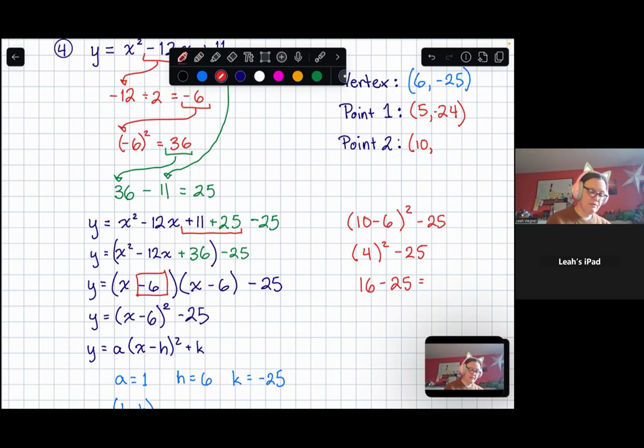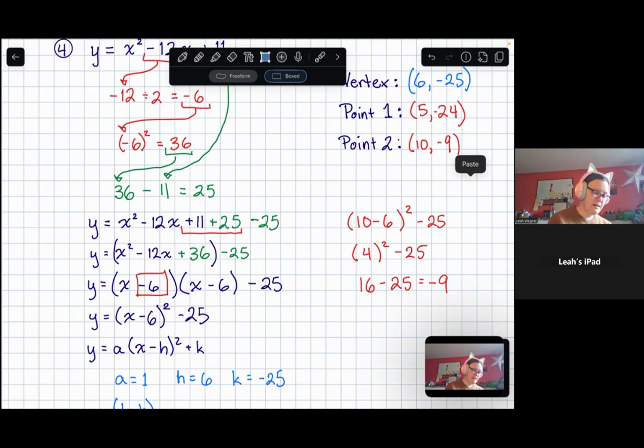It's going to be negative, well, 16, 17, 18, 19, 20, 21, 22, 23, 24, 25. I guess it's negative 9. And so negative 9 goes right over here. And I've got point 1, point 2, and a vertex.